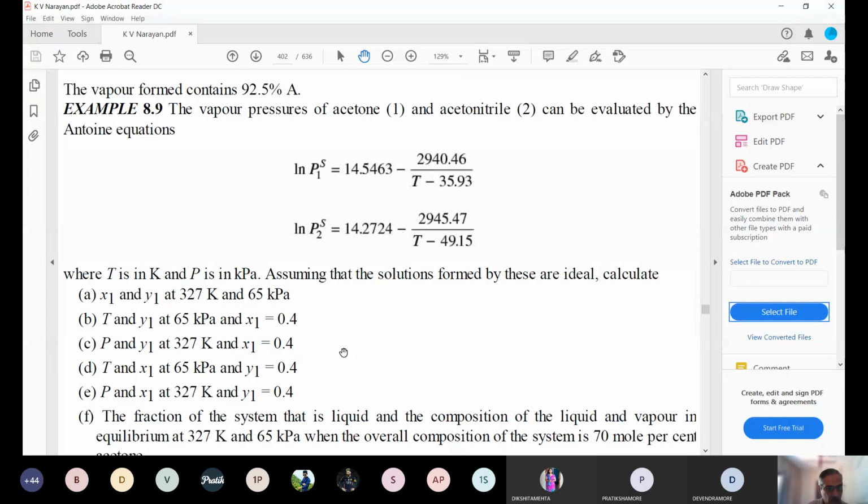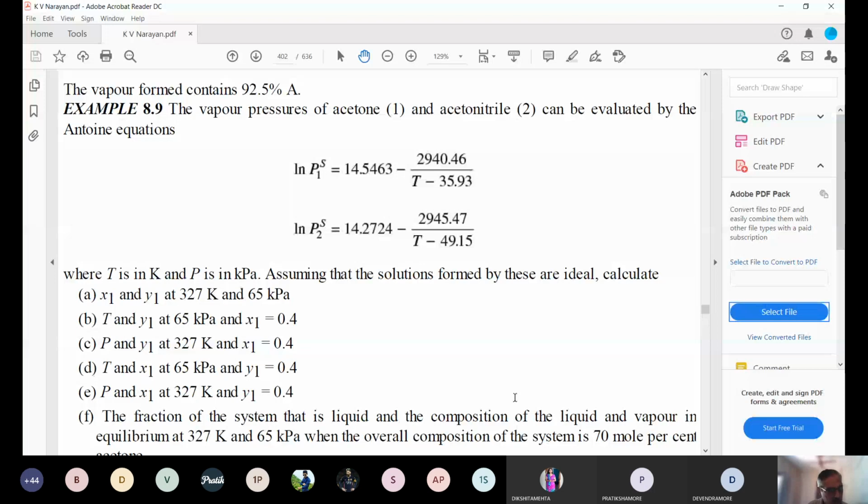Understand this part. So now we have to find out P1s and P2s at 327 Kelvin. We already have that, right? We found it in part A at 327. We already have the P1s and P2s at 327 Kelvin. So what you have to do is find out pressure. It's very simple. Okay? Is it understood?